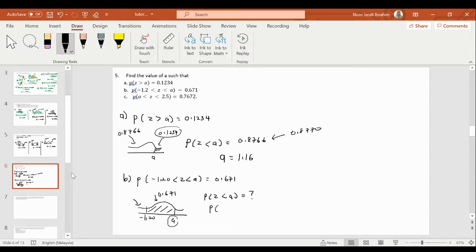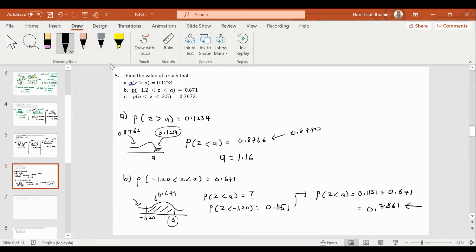From the table, the probability when z less than negative 1.20 will be 0.1151. That will give us the probability when z less than a is equal to 0.1151 plus 0.671, which gives us 0.7861.